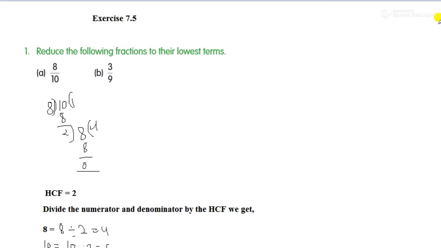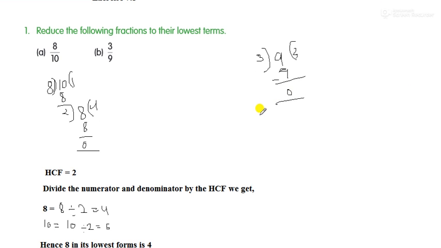Next 3 by 9. Now find out the HCF of 3 and 9. Here 3 3s are 9. So the HCF is 3. Now divide the numerator and denominator by the HCF.